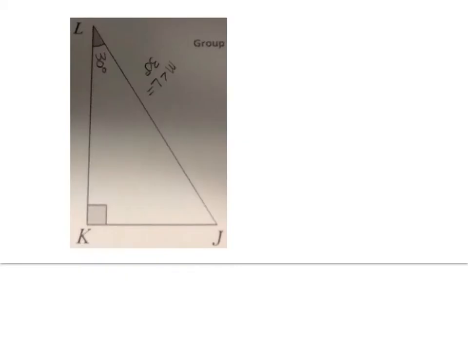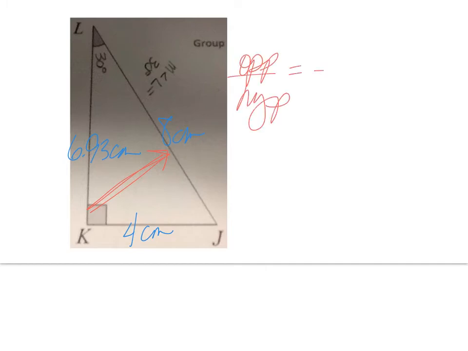All right, for this next one, let me push pause and label everything else. If we notice, our hypotenuse is always our longest side too, always. So our ratios will always be numbers greater than 0 and less than 1. They'll always be between 0 and 1. So opposite over hypotenuse, my hypotenuse is 8.